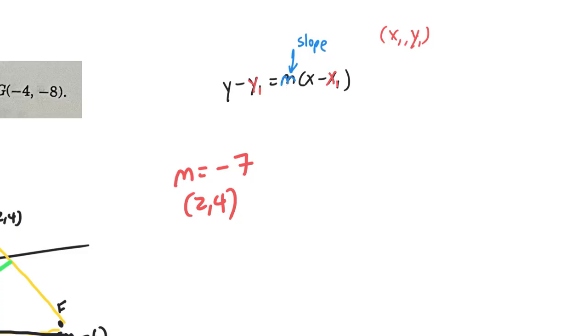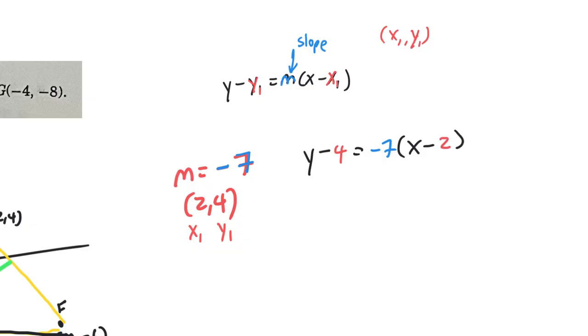So this is going to become y minus y1. Y1 in this case is the 4. In fact, let's label this x1, y1. So y minus 4, maybe I'll even keep it in red, equals the slope, which is this blue -7, times x minus x1. What's x1? That 2 right there, right?